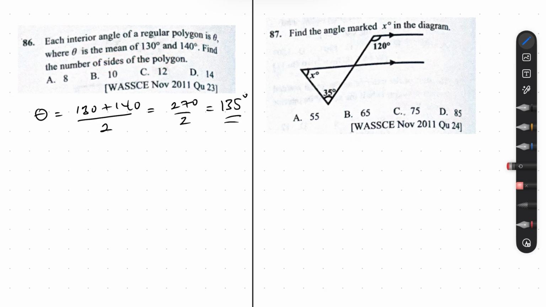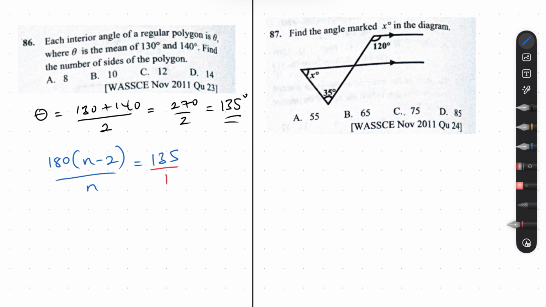Now the question says find the number of sides of the polygon. This is the interior angle, which is theta, and we know the formula for interior angle is 180(n minus 2) all over n, and we've been given it to be 135. So we need to equate that to 135. Let's say this is the same as over 1.